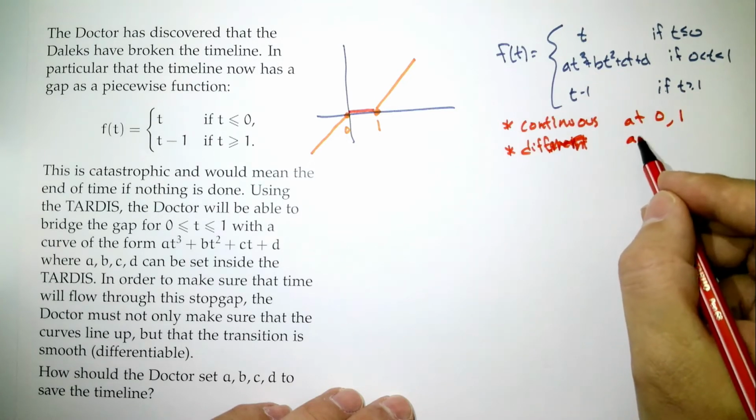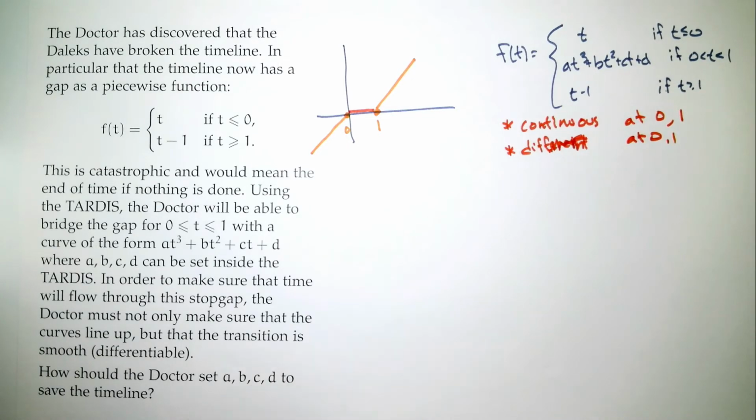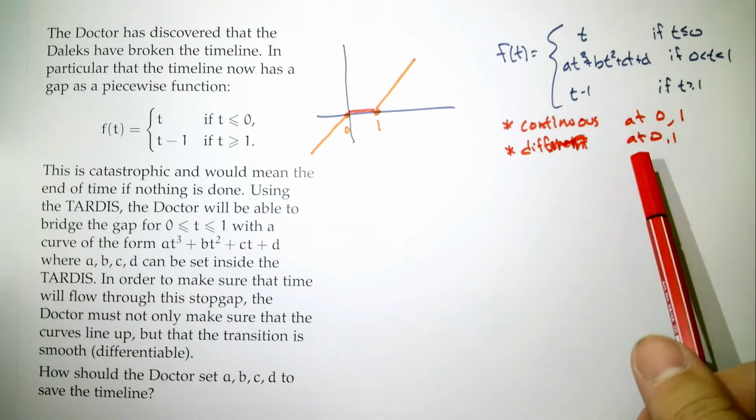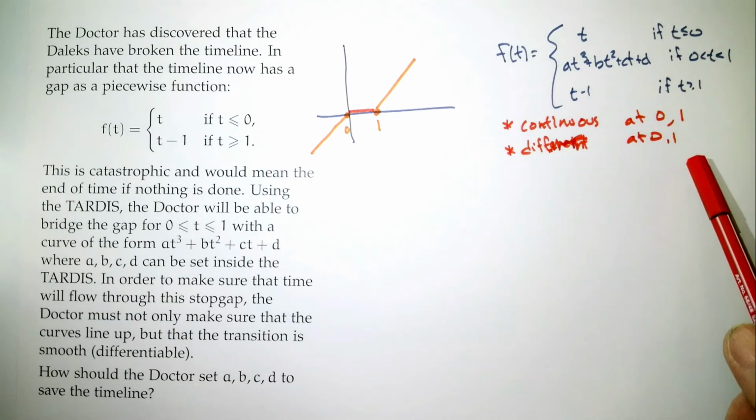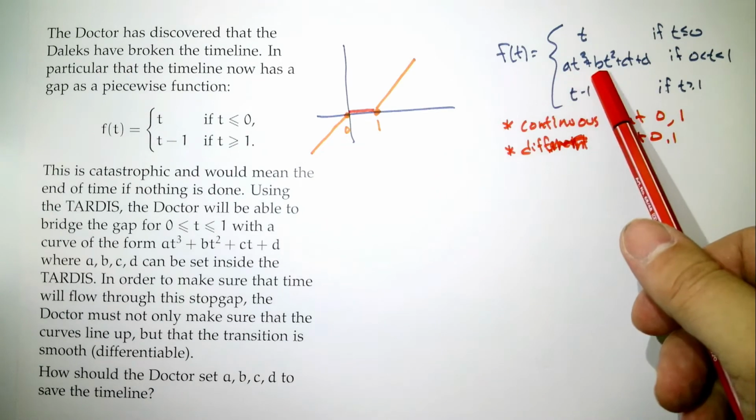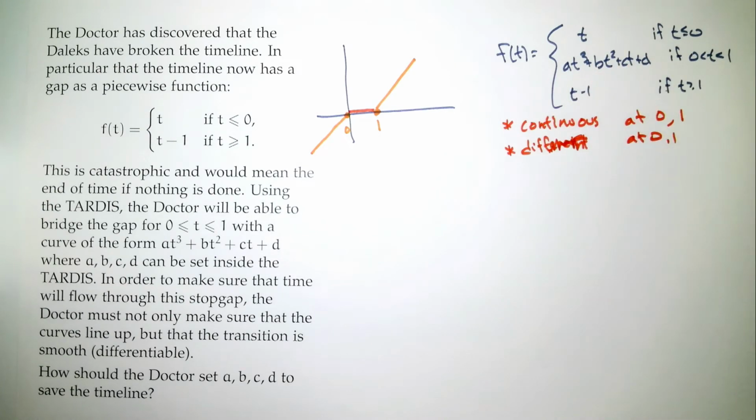It has to be differentiable at 0 and 1. All right. Now, if you think about it, that really says that we have 4 things that need to be true. Because there's continuity at 0, continuity at 1, differentiability at 0, differentiability at 1. And we have 4 things to play with: a, b, c, and d. So we have 4 things to play with and 4 conditions that need to be met.